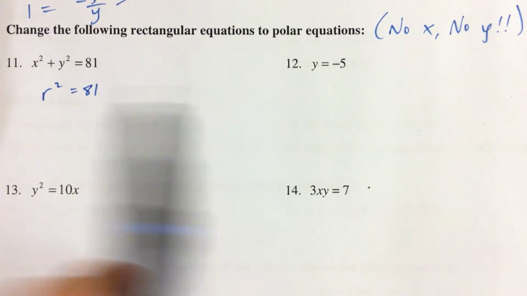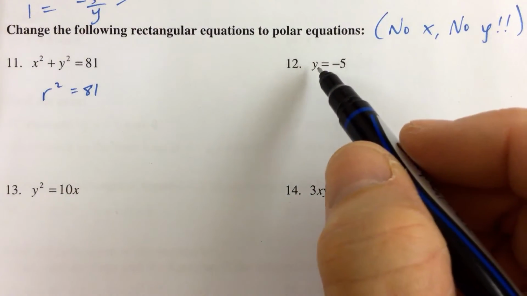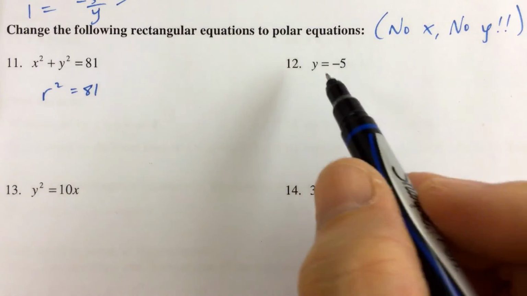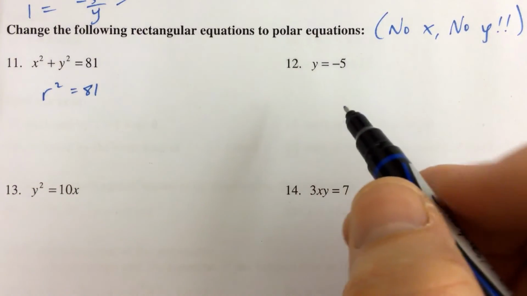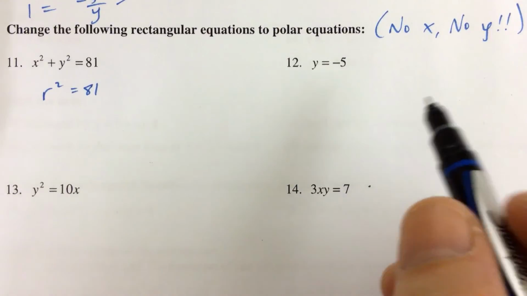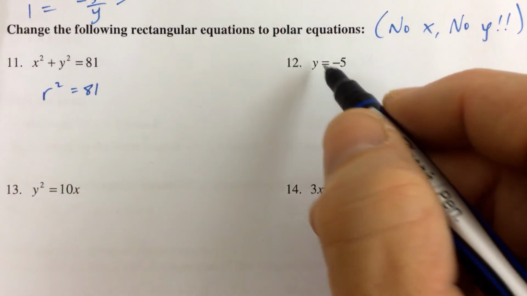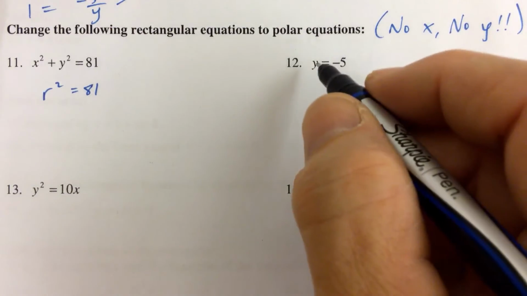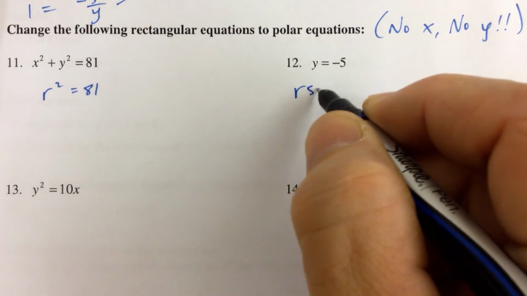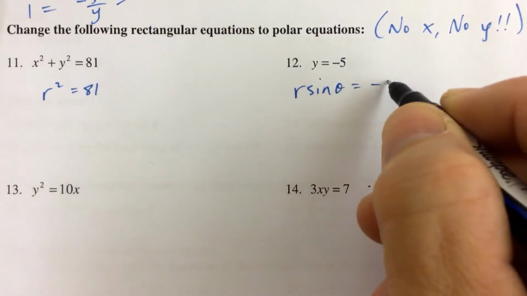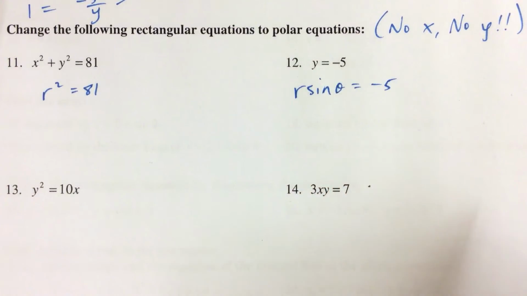So again, we're going to separate the r's and the thetas. For number 12, we've already done this one. Number 9 and number 12 are identical, but they go in different directions. If y equals -5, to convert that to polar, we know that y is equal to r times the sine of theta, and r times the sine of theta equals -5.